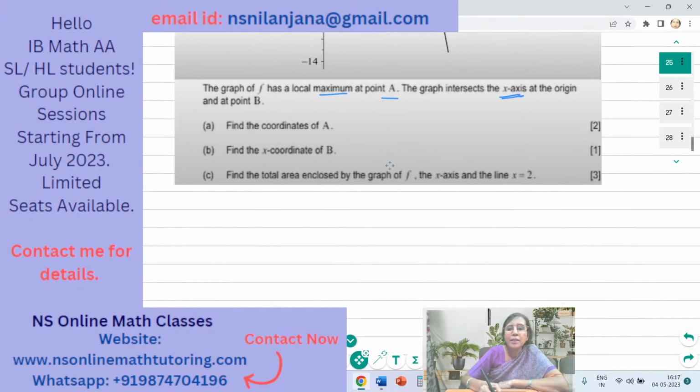Now subpart A says, find the coordinates of the point A. A is the maximum.